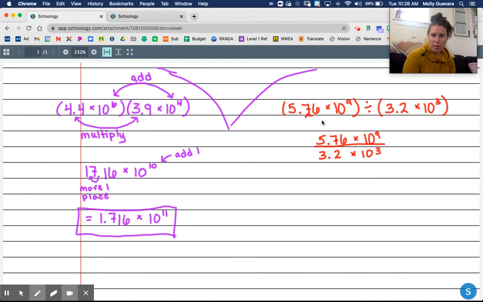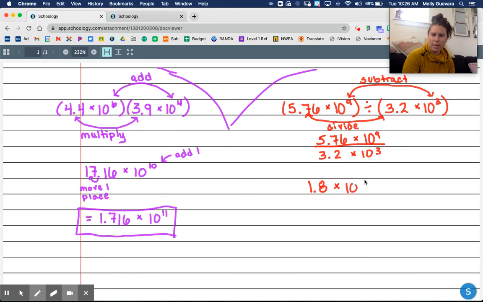So first, step 1 says to divide. So I need to divide 5.76 by 3.2. If I do that, I get 1.8. Then step 2 says to subtract. I want to subtract the first exponent minus the second exponent.